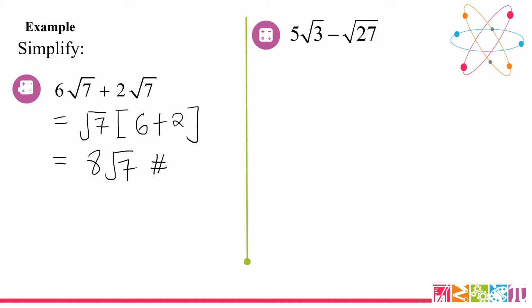Next question, 5 root 3 minus root 27. Change root 27 to square root 9 times root 3.